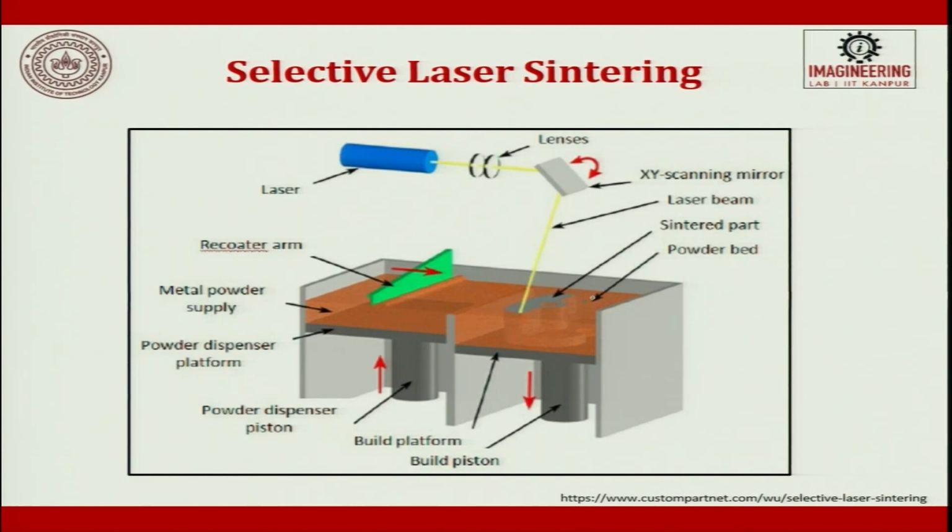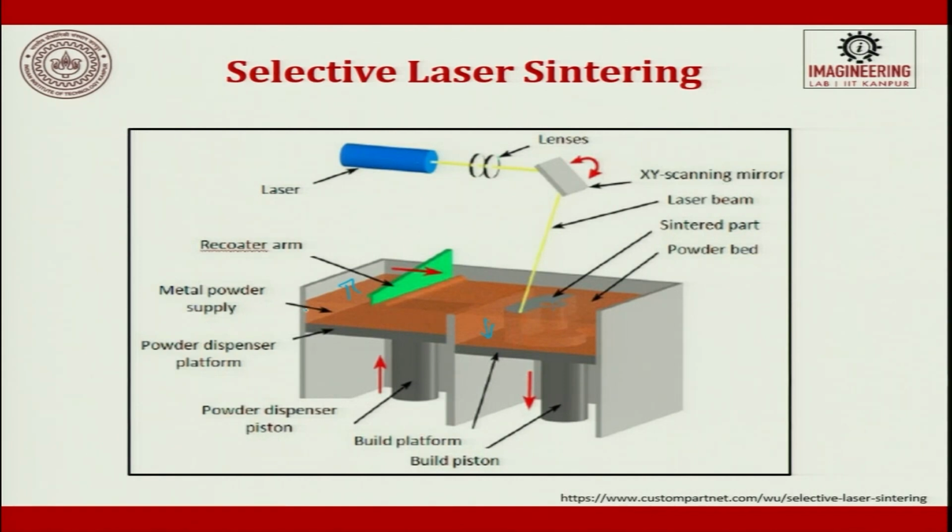So, the sintered part is this. The powder bed is this. All this powder bed, whatever is not used, or if the laser does not touch it, does not get sintered. Once one layer is done, this layer will sink down and this will go up, and a blade will be used to transfer the material from the container to the table.